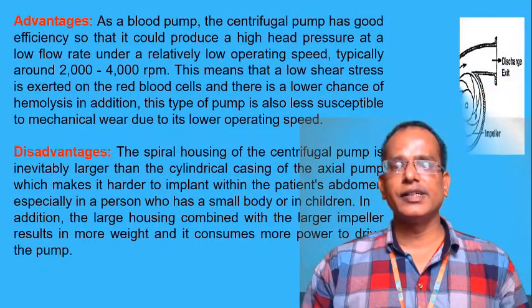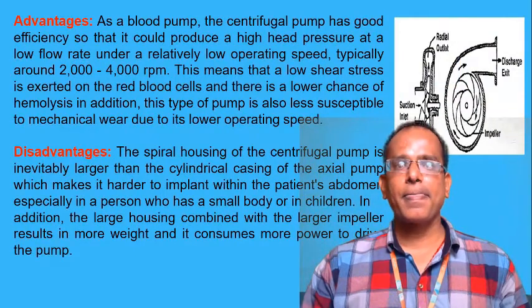The advantage of the centrifugal pump as a blood pump is that it has good efficiency, so it could provide a high head pressure at a low flow rate under a relatively low operating speed, typically around 2000 to 4000 rpm.